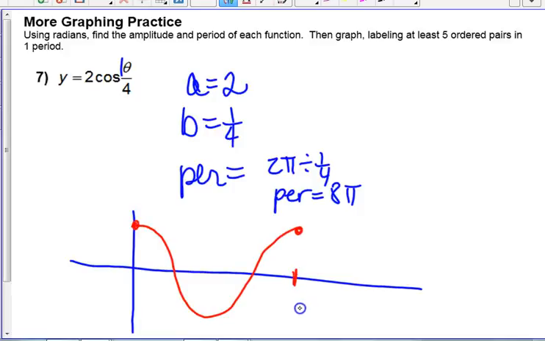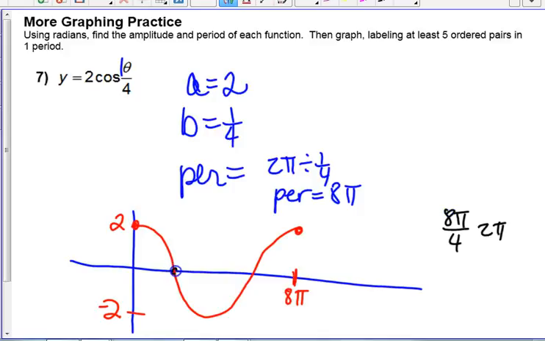And what do I want to label it when it gets to the end? 8 pi, right? Now, the amplitude tells us the maxes and mins are where? 2 and -2. Okay, to label the quarter points, I divide 8 pi by 4, which is 2 pi.